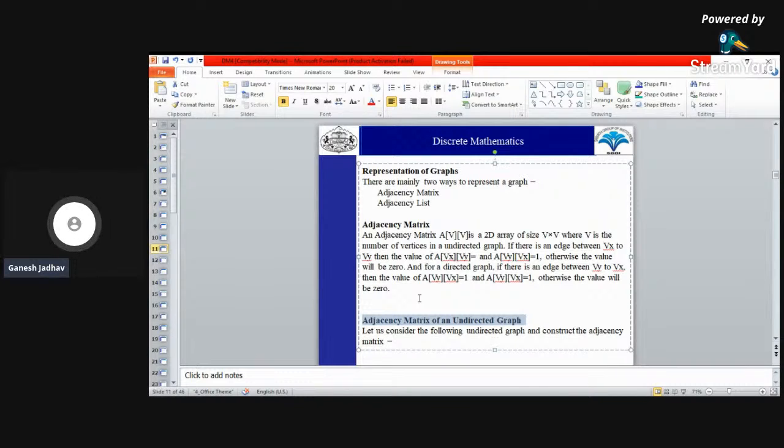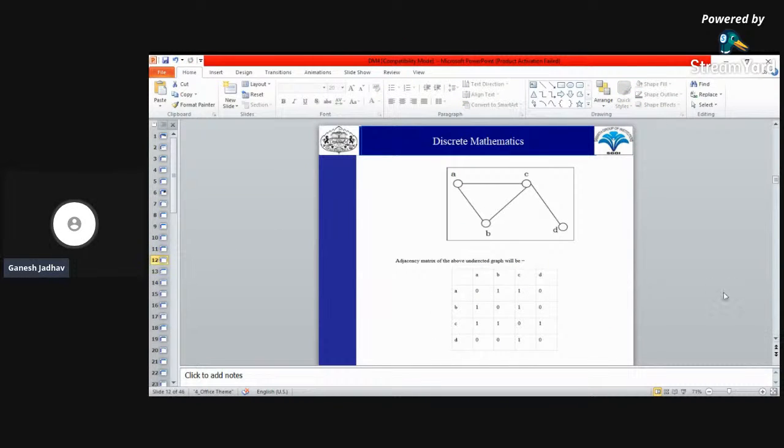These types of examples can represent the particular graph also. Here you can see the number of vertices: 1, 2, 3, 4. Here are 4 vertices, with edges, and we require the adjacency matrix.